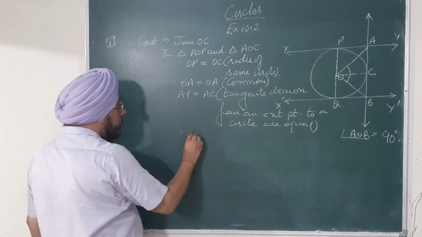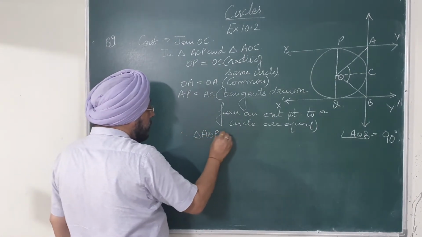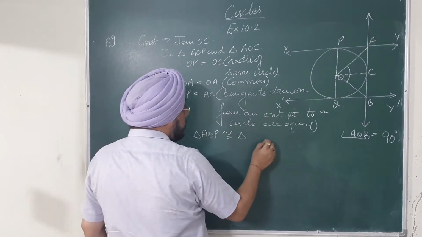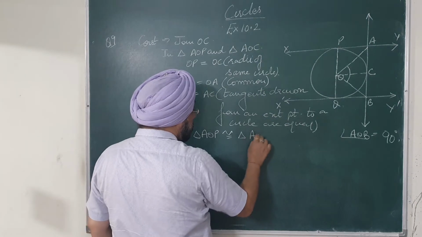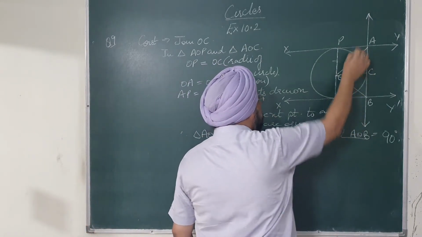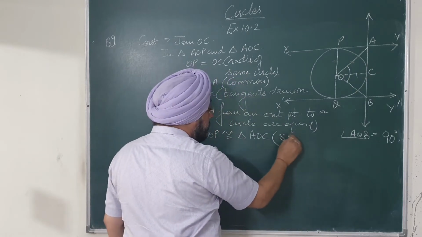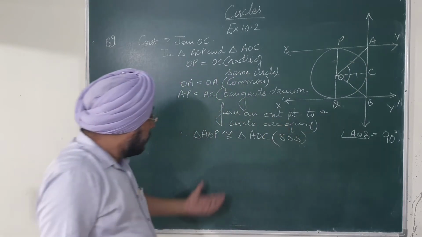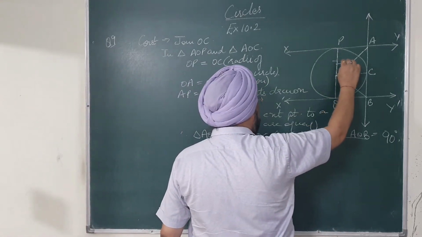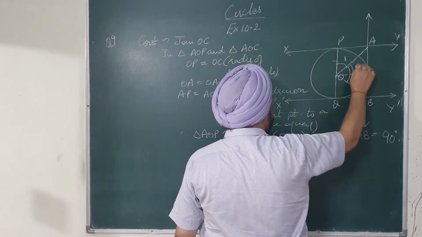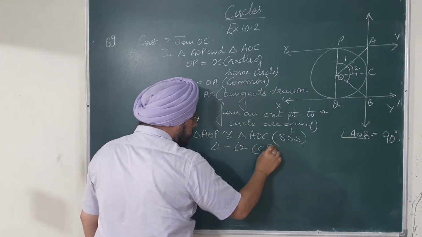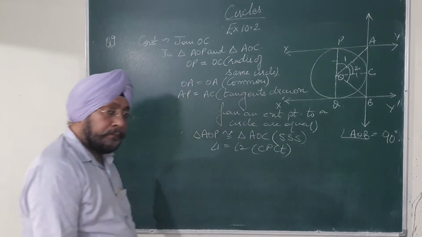It means that triangle AOP must be congruent to triangle AOC. Now what is the condition? We have taken all the three sides, so it can be proved by SSS. Now if two triangles are congruent, can I say angle 1 must be equal to angle 2? This is by CPCT.